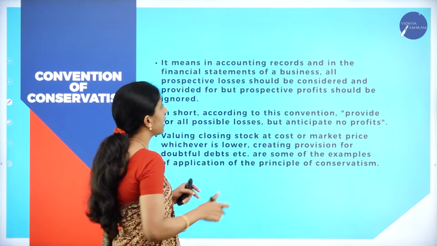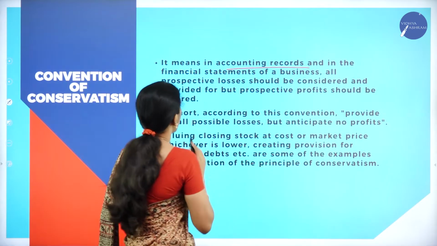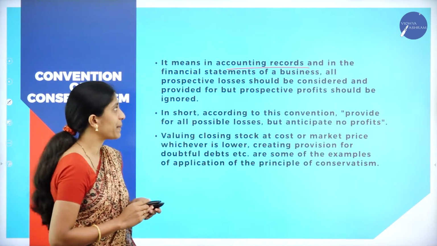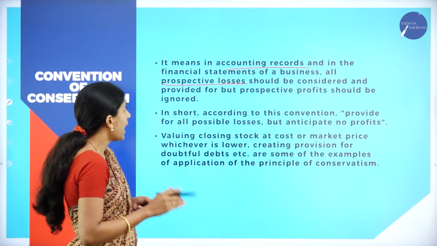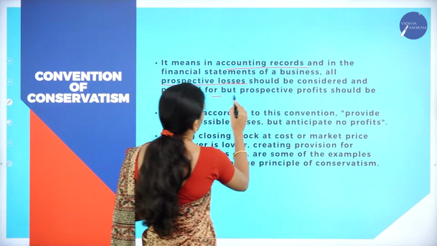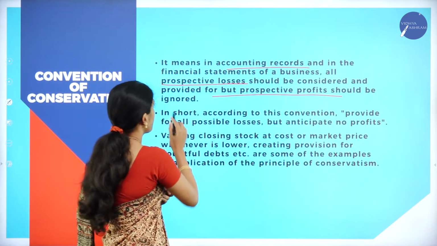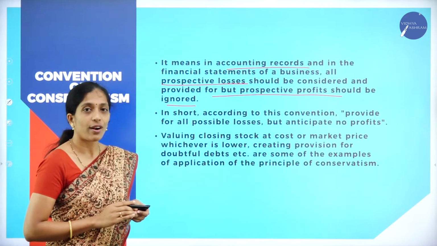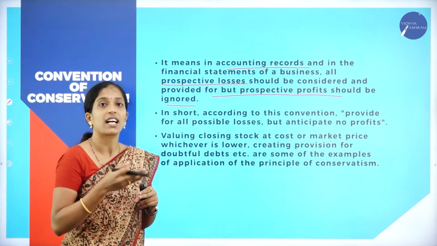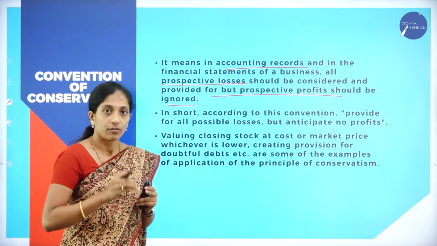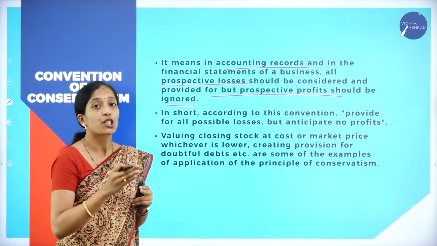It means in accounting records and in financial statements of a business, all prospective losses should be considered and provided for, but prospective profit should be ignored. So here we have to be prepared for the prospective losses which may occur in the future, but we are not prepared for the prospective profit.